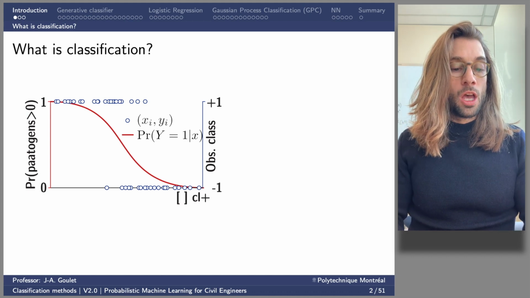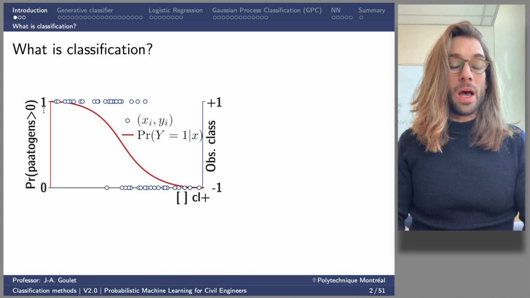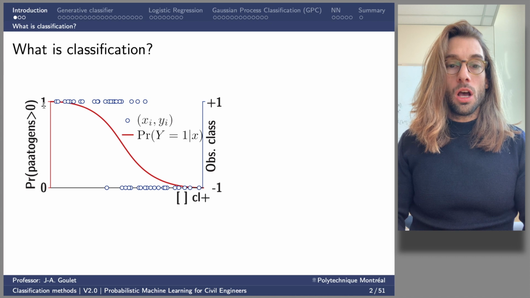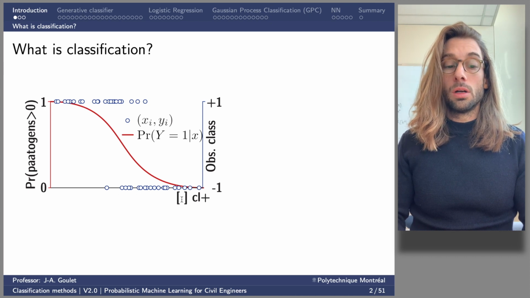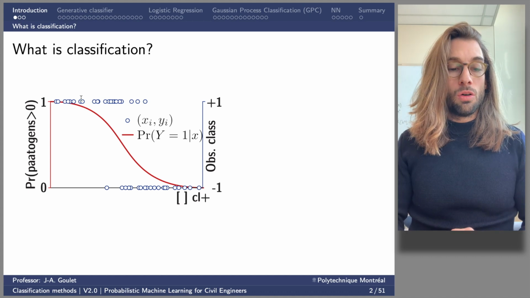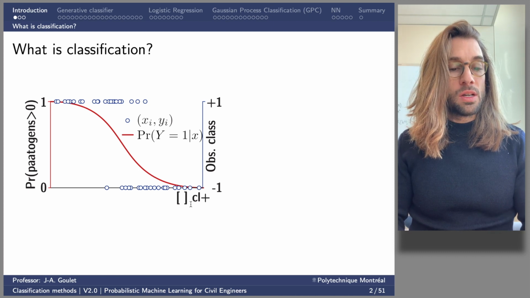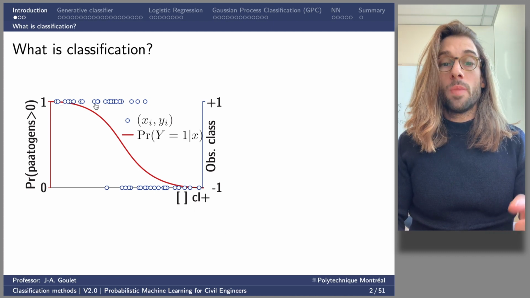Here's an example. We have the presence or absence of pathogens as a function of chlorine concentration. Each of the dots here represents an observation of a given class. For a low value of chlorine concentration, we have several observations where there were pathogens.